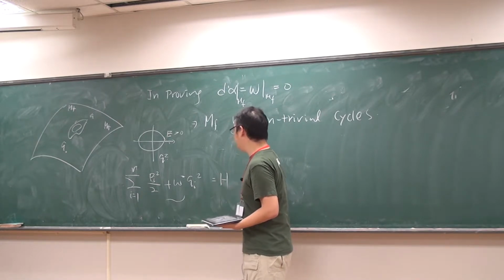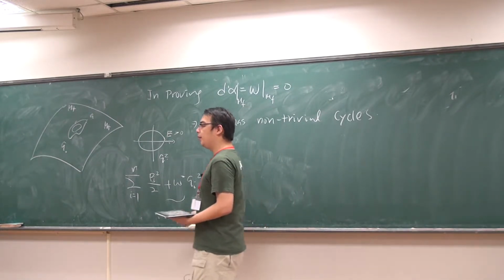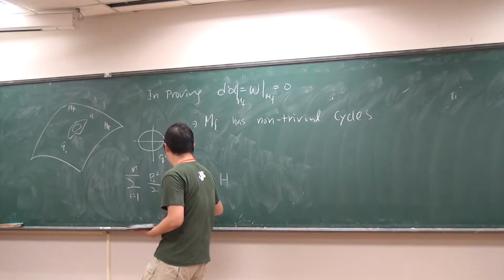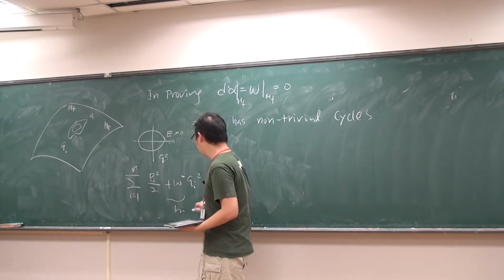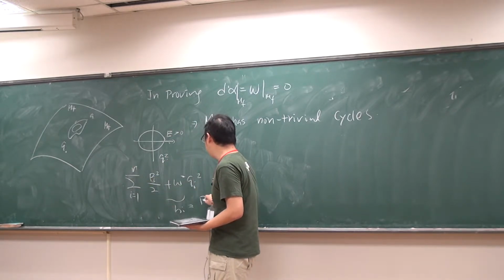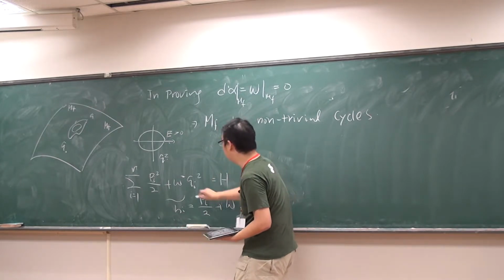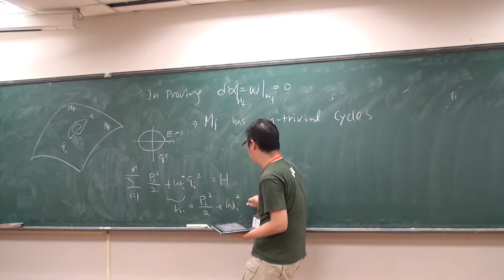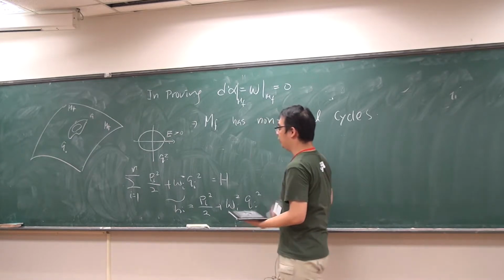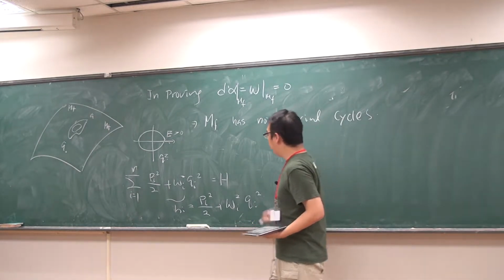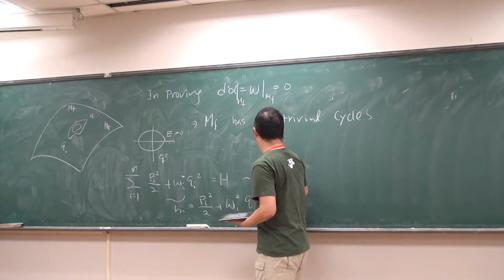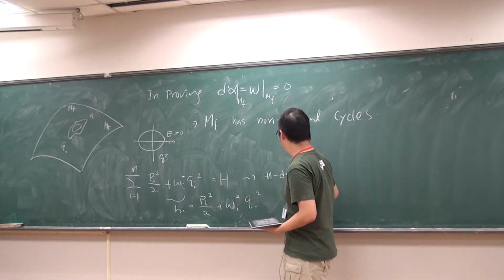So that's your Hamiltonian, okay? But you basically have n conserved quantities, each one given by this, and in fact, you can have different frequencies. So now you are having a system of n degrees of freedom.